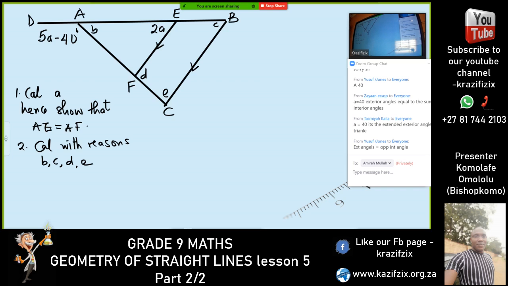Exterior angle equals opposite interior. There's something missing. Exterior angle equals the sum of the opposite interior angles.